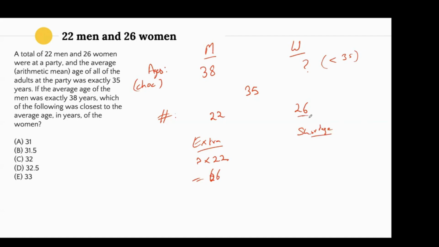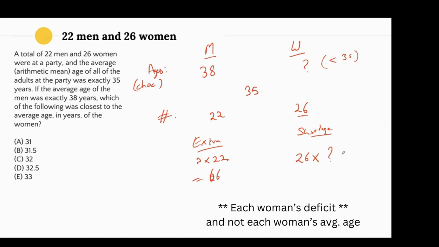And that's among 26 women. So 26 times each woman's average shortage will be 66. So that shortage per woman will be 66 upon 26. Now, how do I deal with this?